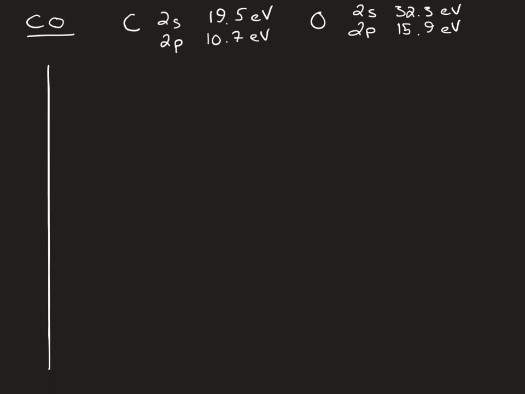We're going to go through and just draw this out. I'm going to put carbon here and oxygen over here, and have the carbon 2p orbitals here, and the 2s orbital here, the oxygen 2p orbitals here, and then much lower in energy, we're going to have the 2s there.